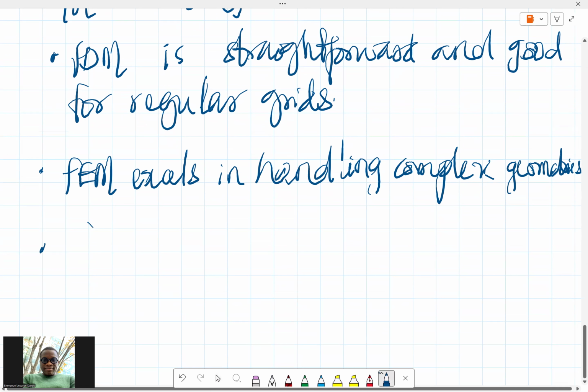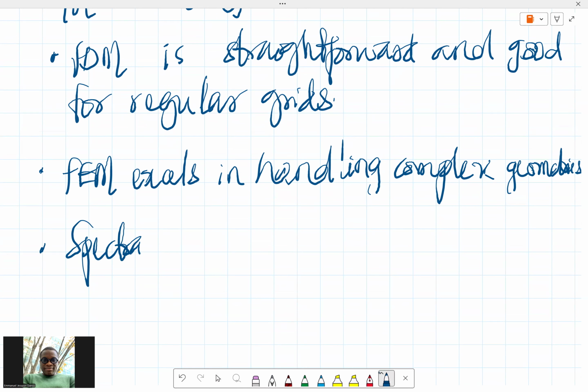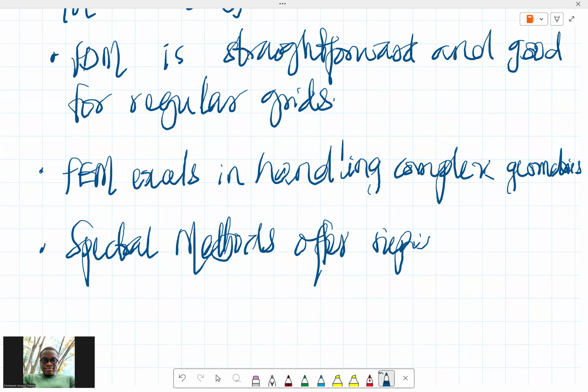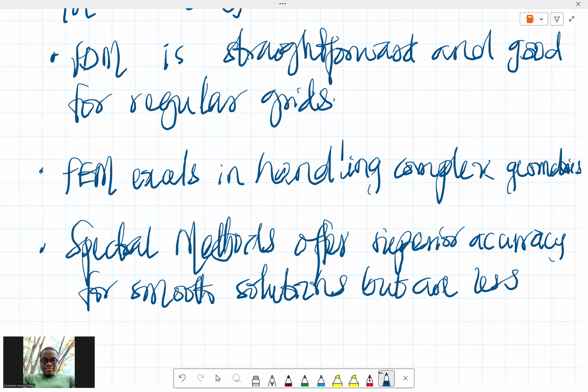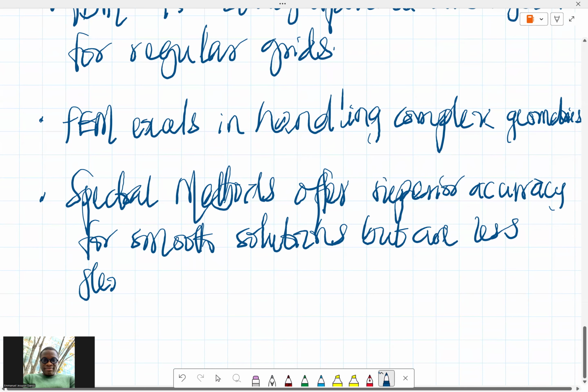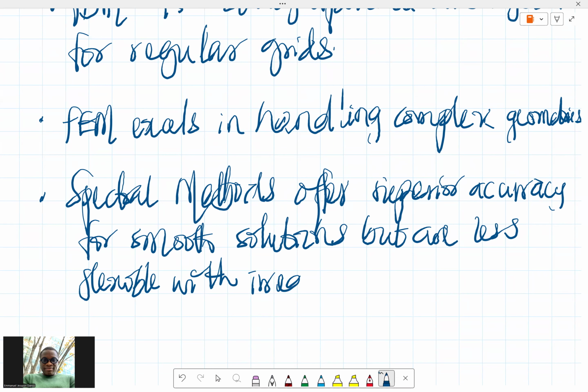Then lastly, spectral methods offer superior accuracy for smooth solutions, but are less flexible with irregularities.